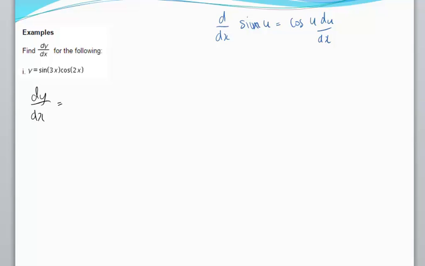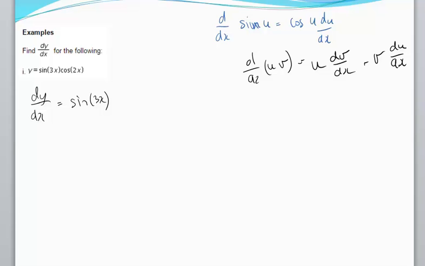So the rule is d/dx of u multiplied by v is u times dv/dx plus v times du/dx. We're going to start with sine of 3x multiplied by the derivative of our cosine.